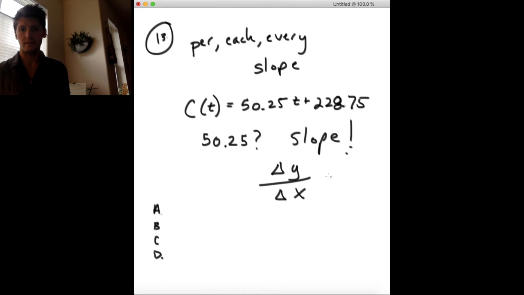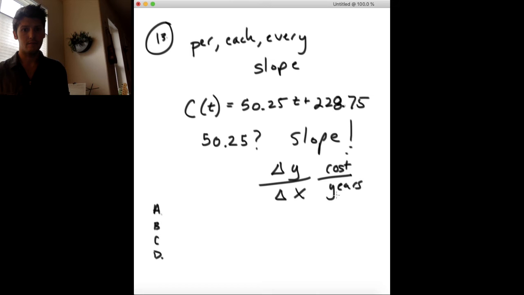It's cost, divided by change in x, which is years. To be specific, it says the average cost per square foot in dollars of a condominium in city X can be modeled by the function. So that means that C is the average cost per square foot in city X for a condominium. That's on top, divided by years.